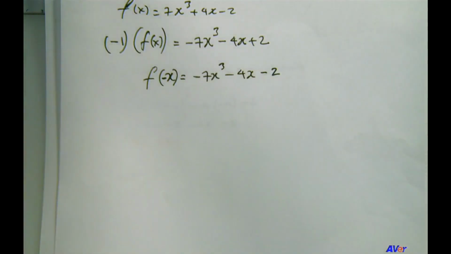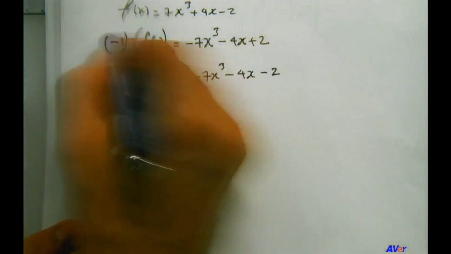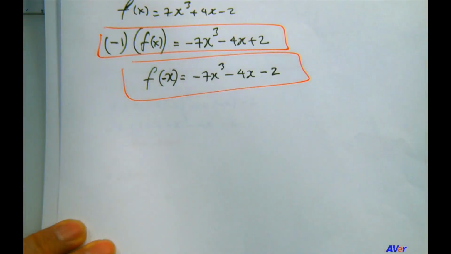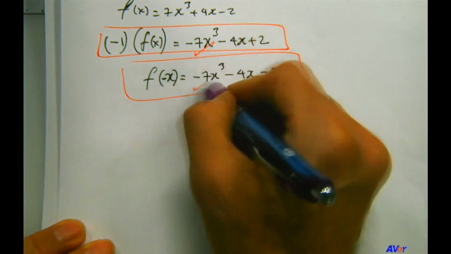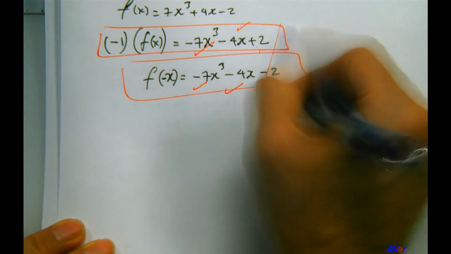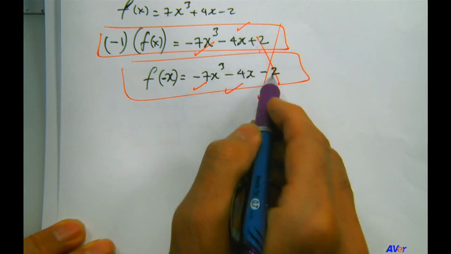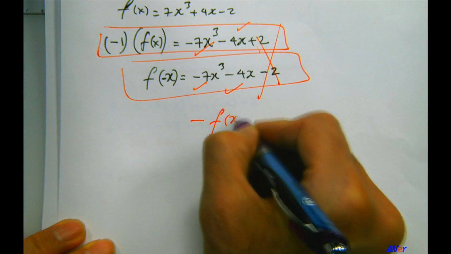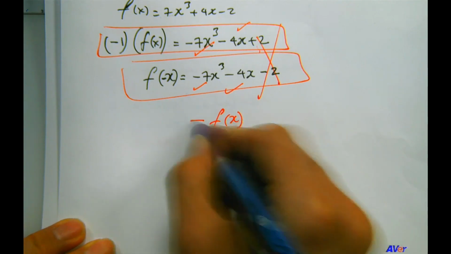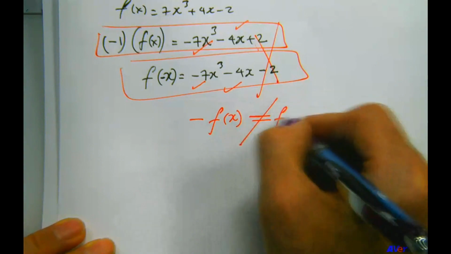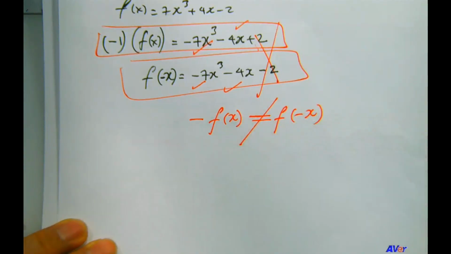Compare these two. This and that one. Are they the same? The first term, yes. The second term, yes. How about the third term? No. Because of the third term, negative f of x is not equal to the function at -x.